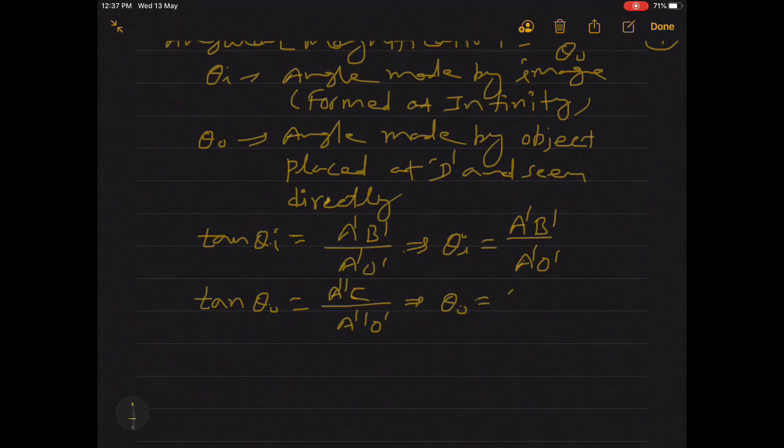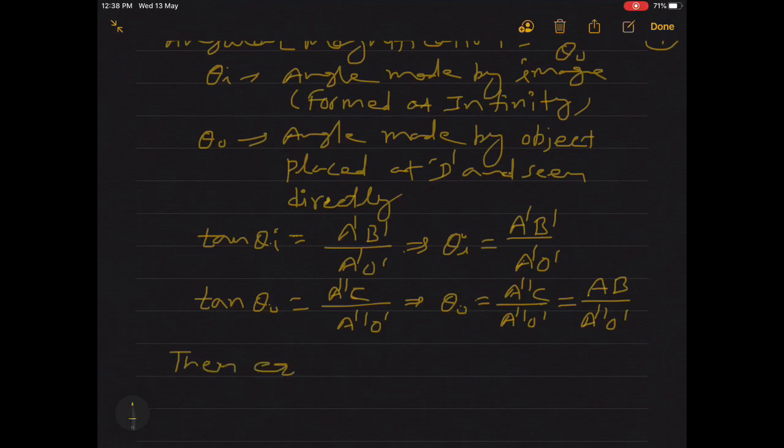So theta O is equal to A double dash C upon A double dash O dash. But A double dash C is equal to AB, so we will write AB upon A double dash O dash.